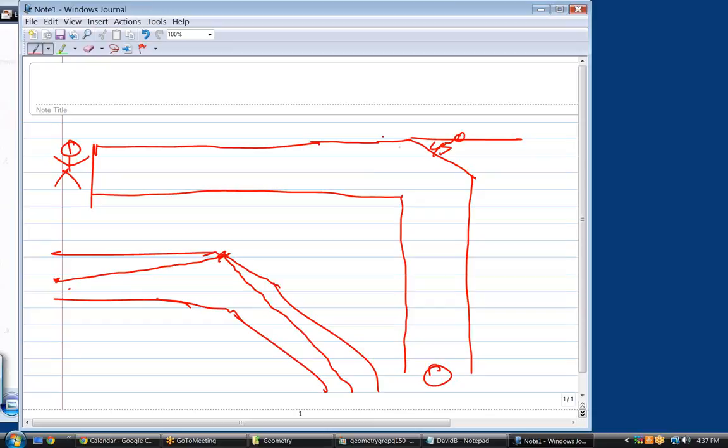Okay, so the top scenario is the easy one. It's where this is a right angle and this is a 45-degree angle, and that way you can hit a ball certainly parallel to the sides that will reflect off of that and travel parallel to these sides and go in.